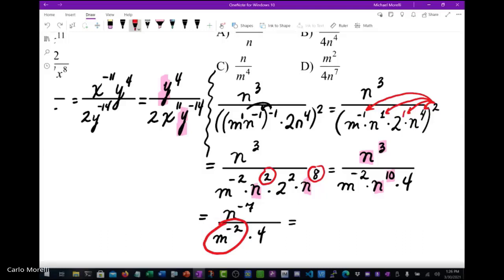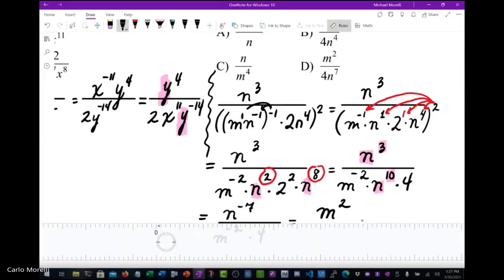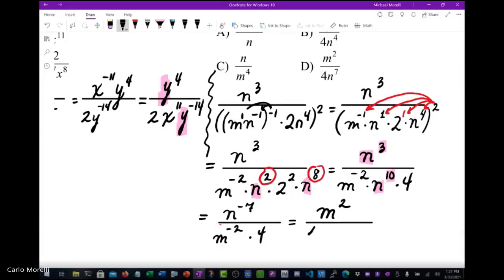So we're going to do both of those steps simultaneously. We're also going to move this 4 up front, okay? So I'm going to end up with m to the 2nd power on top over 4 n to the 7th.